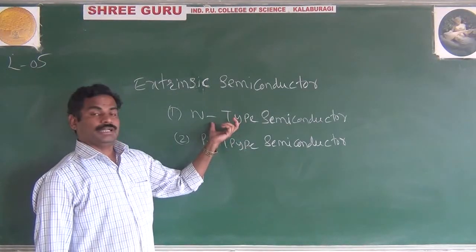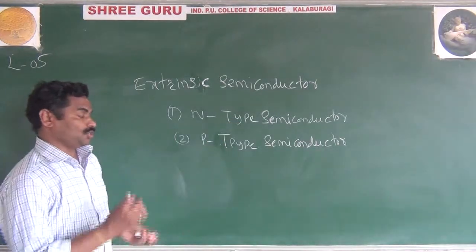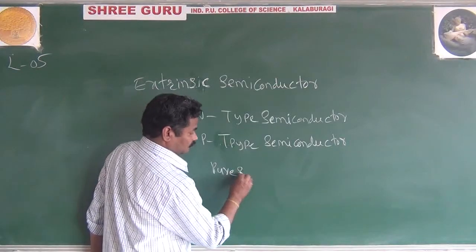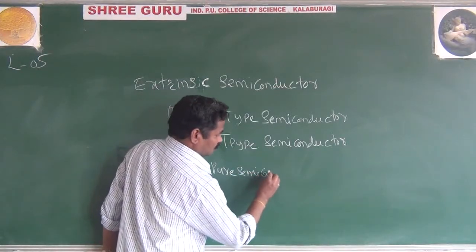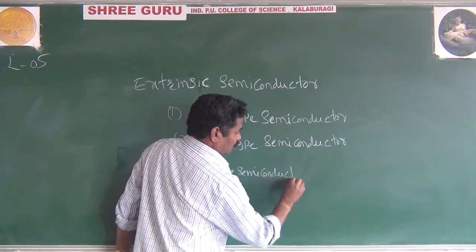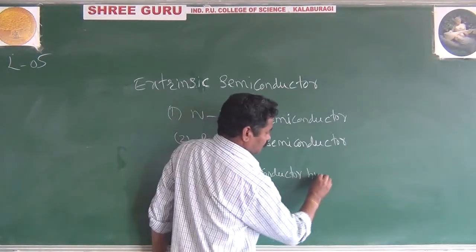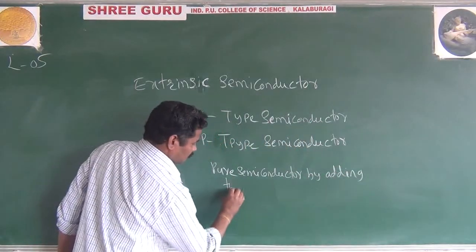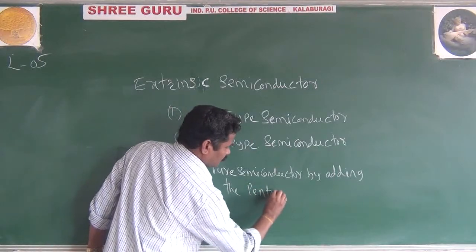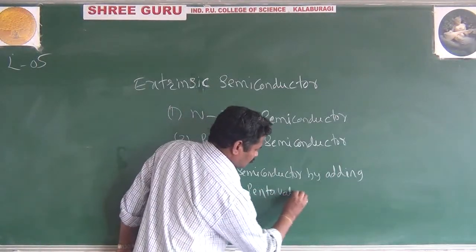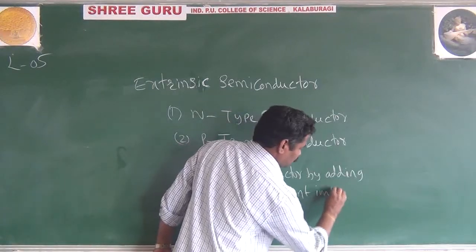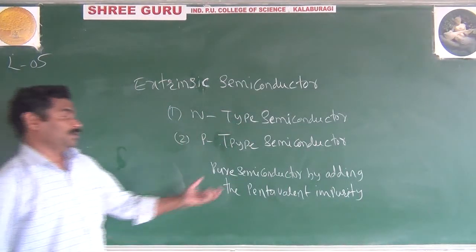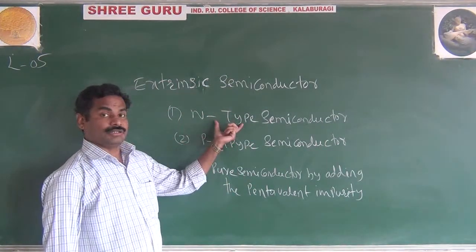In N-type semiconductor, as we discussed yesterday, a pure semiconductor, by adding pentavalent impurities, becomes the N-type semiconductor.